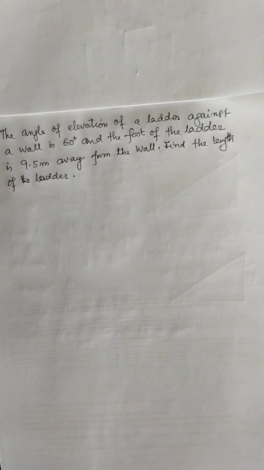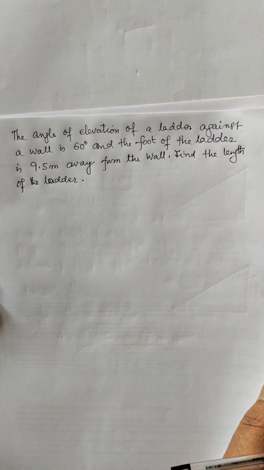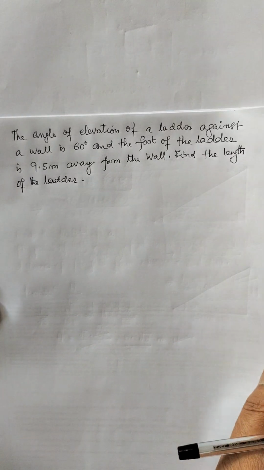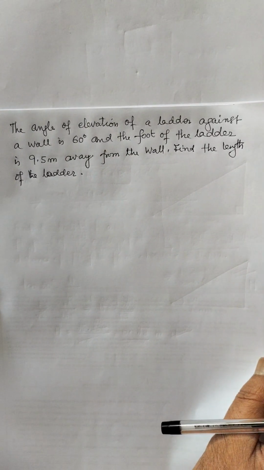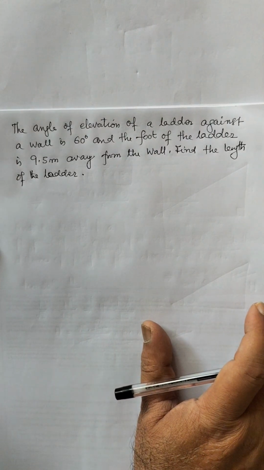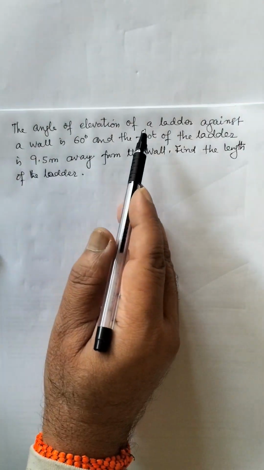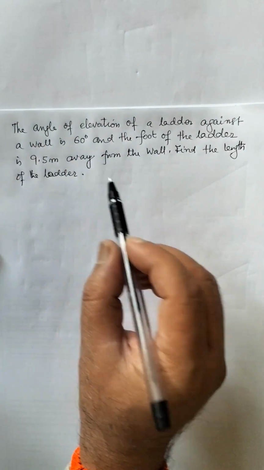The first important thing is that you must understand the language properly and should be able to draw the correct picture of the scene. Now, angle of elevation of ladder against a wall.